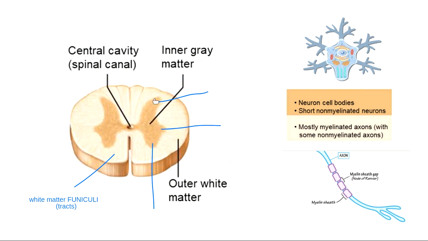So one of us chimed in with the general name for them. Yeah, each of these parts of the gray matter is what we call a horn. So I have 3 different horns when I look at the gray matter of the spinal cord. They are named based on whether they're in the front, in the back, or on the side.